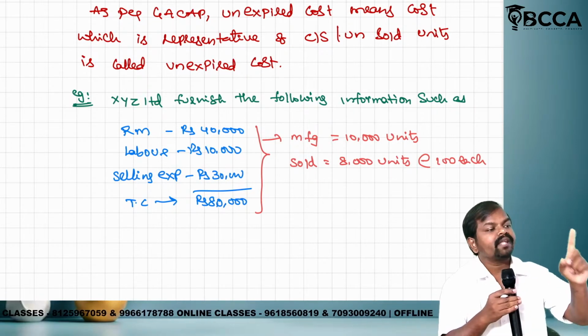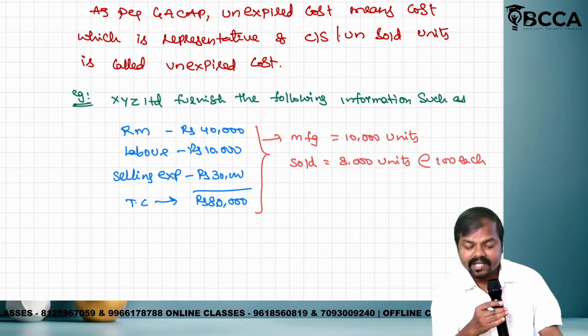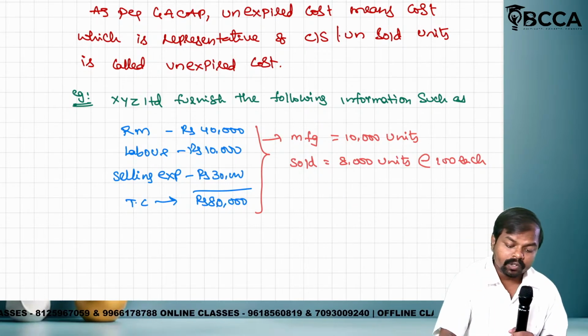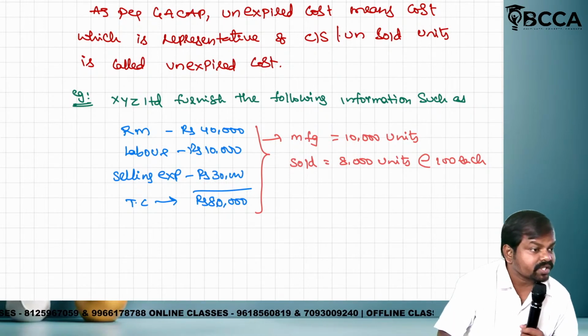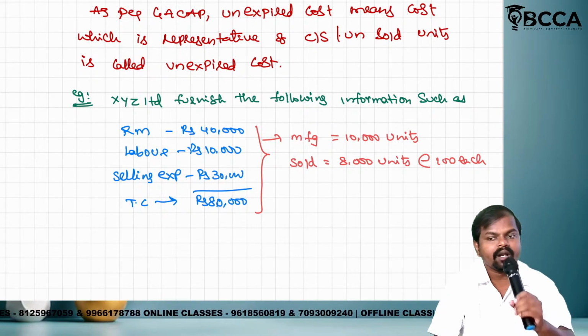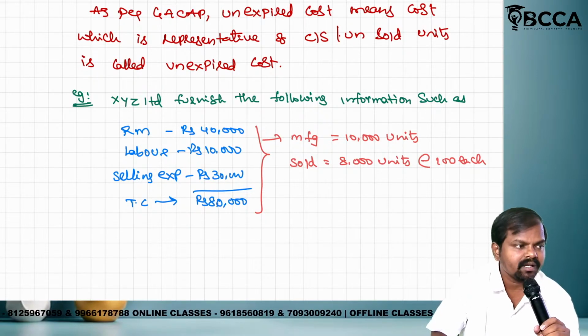Out of 10,000 produced, 2,000 are still closing stock or unsold units. Is it clear? Excellent.